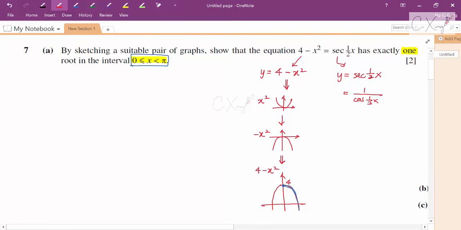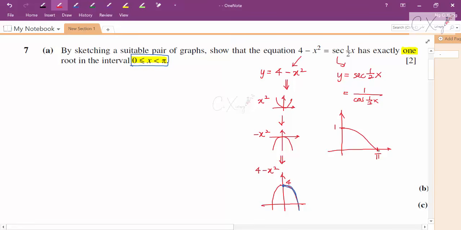For secant half x, you need to sketch the original graph of cos half x first. Generally the original graph will look something like this. This is the 1. My cos graph will go down and touch 0, and at this point it should be pi, because we are having the half x here.